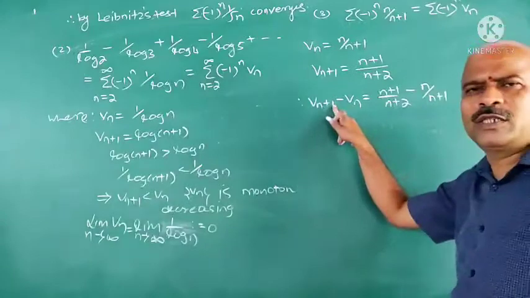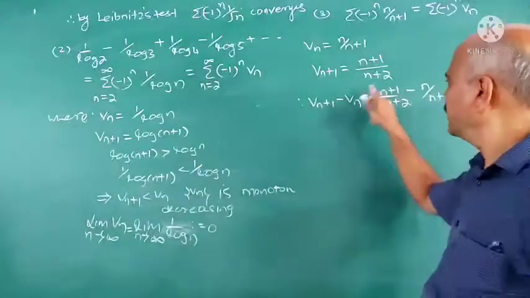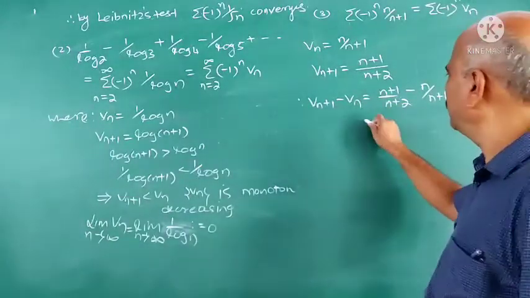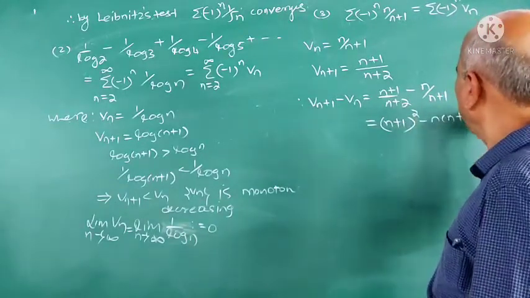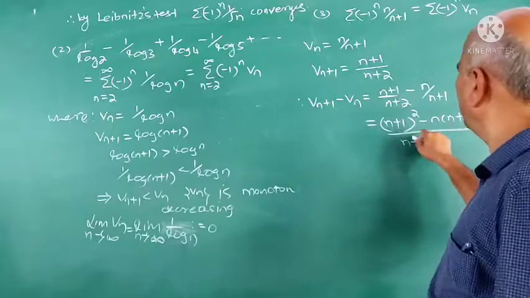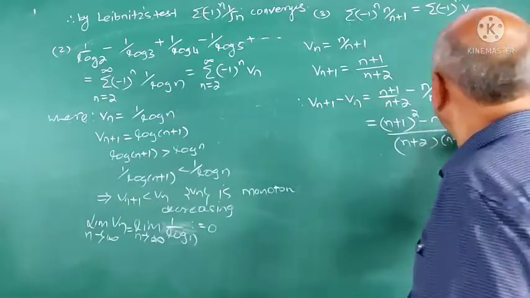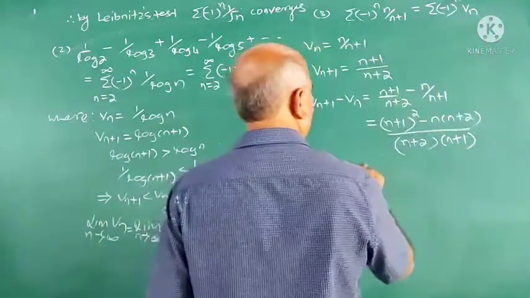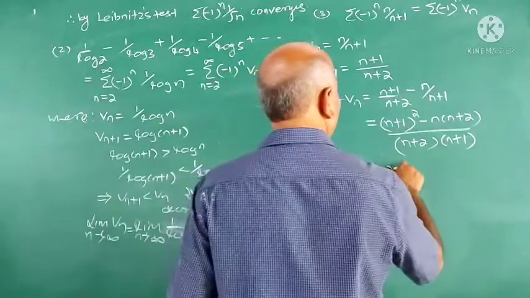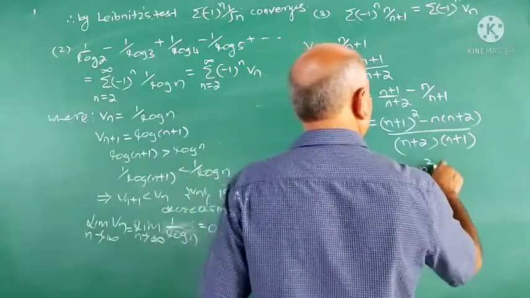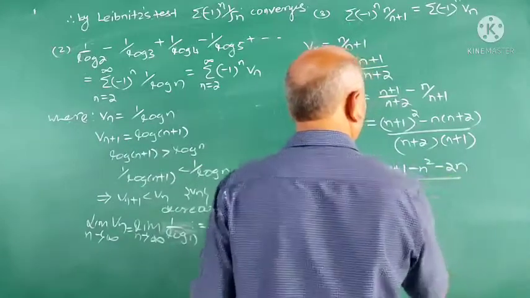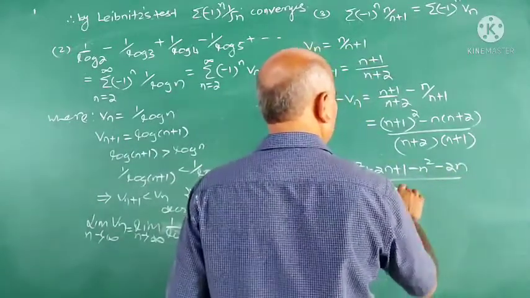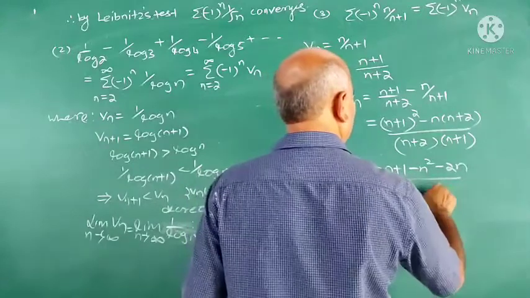It is n plus 1 whole square minus n into n plus 2, over n plus 2 into n plus 1. Therefore n square plus 2n plus 1 minus n square minus 2n, upon n plus 2 into n plus 1.